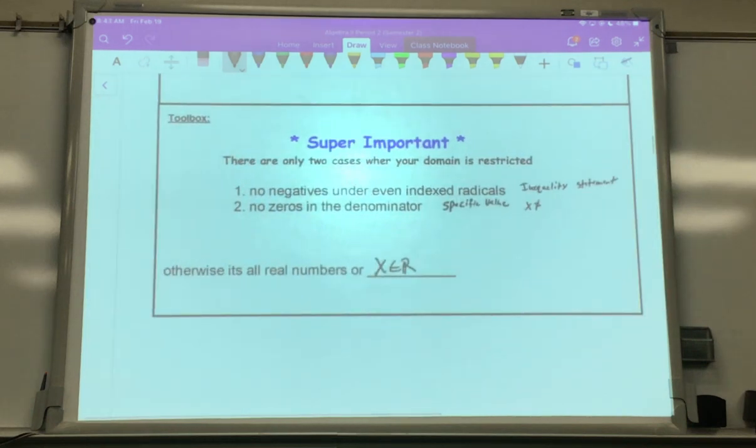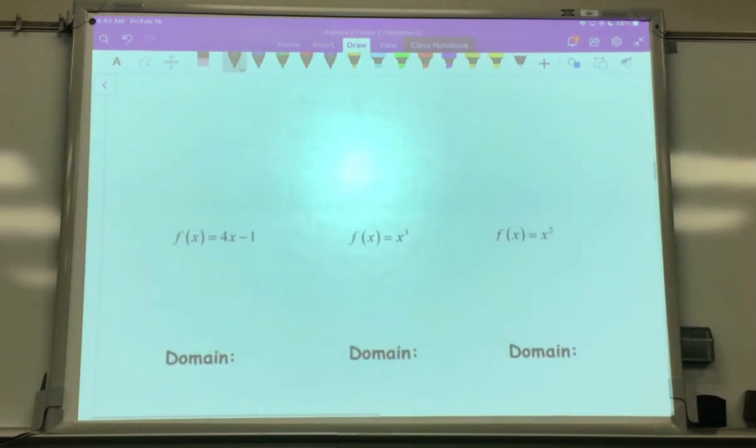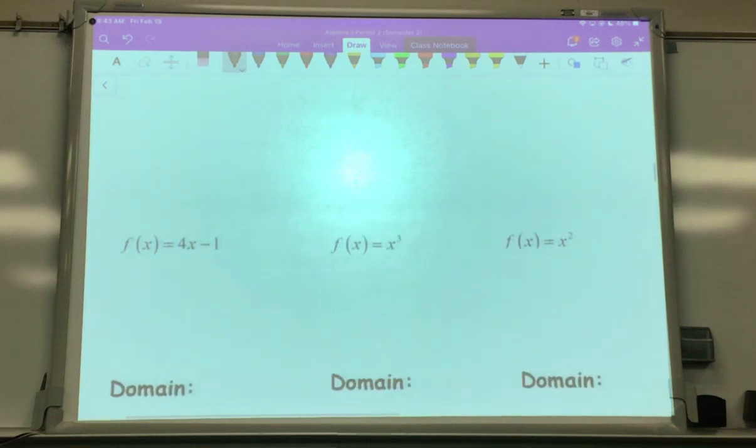So again, domain is those x values that we can plug in and get something back, correct? So I got to figure out what values I can actually plug in. Right, so when you look at all of these, 4x minus 1, x cubed, x squared, any of those radicals?